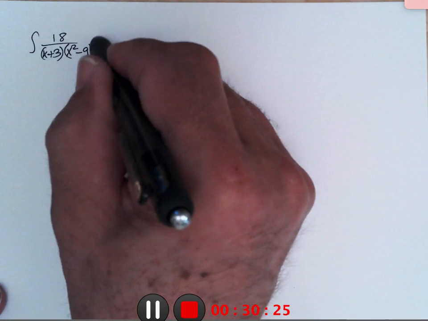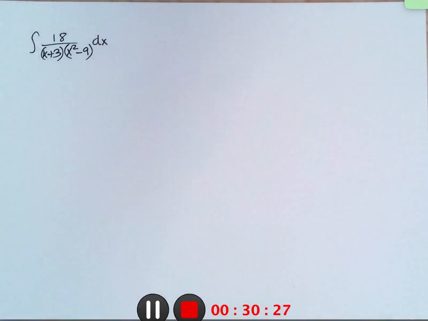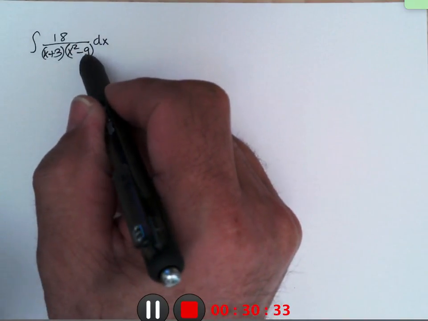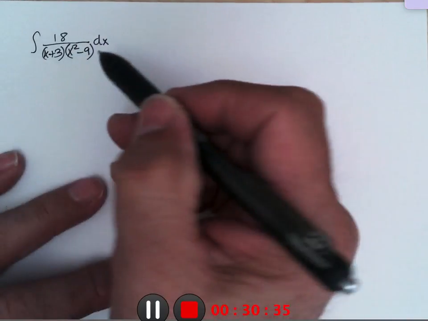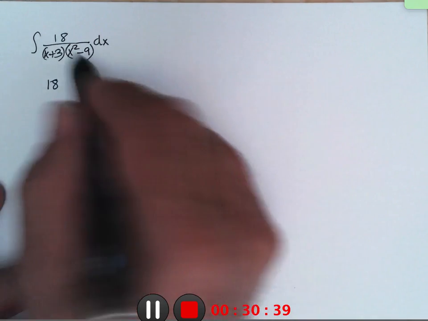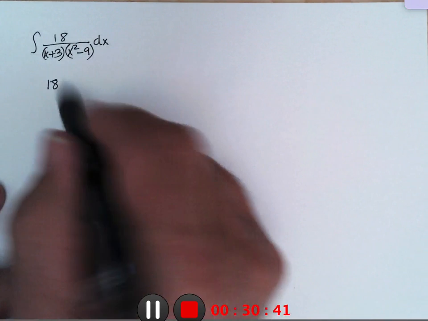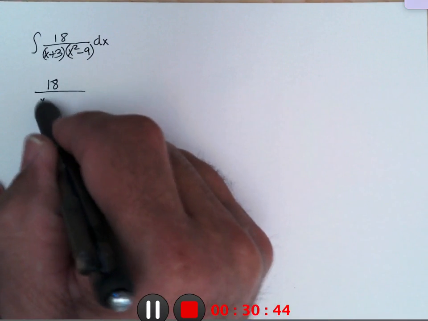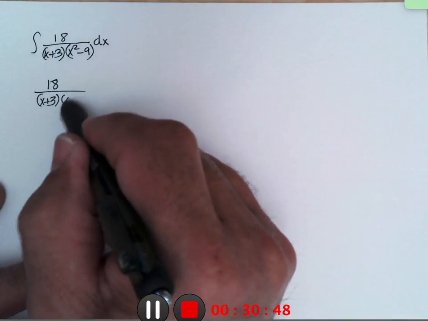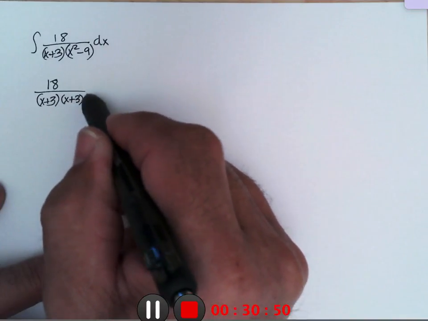And I'm doing this one just to show you how much different it is if that quadratic factor actually factors. Okay, so we're going to try to break this into partial fractions. And I could factor out an 18 and make it 1, but I'll just leave the 18 there. X plus 3, and this factors to x plus 3 and x minus 3.